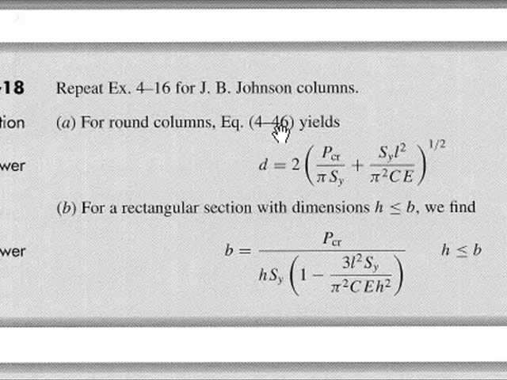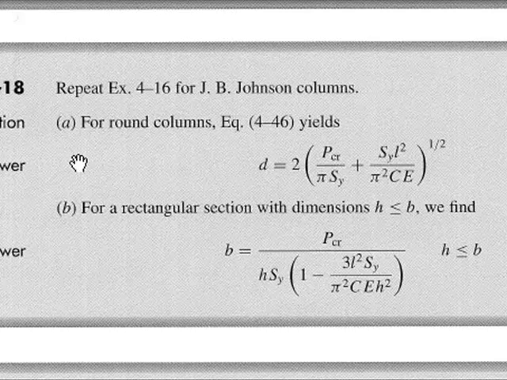Plug all that together, solve in terms of diameter, and then solve the Johnson equation for diameter in terms of our expected load, in terms of length, and in terms of end fixity, Young's modulus, yield strength, those kinds of things. That would be a design equation if we're in the Johnson realm.